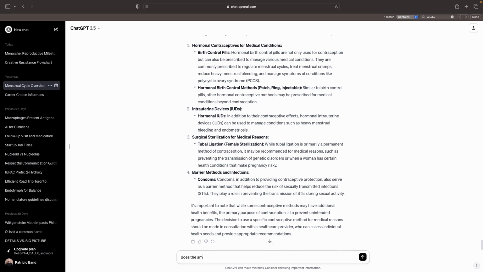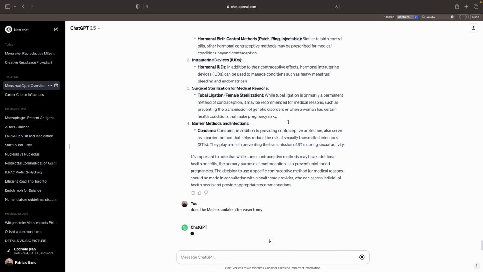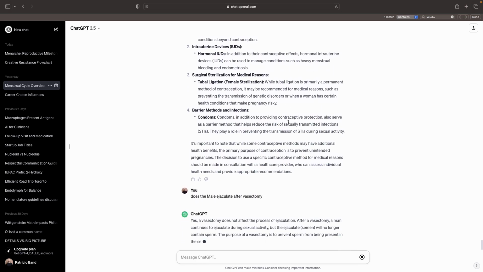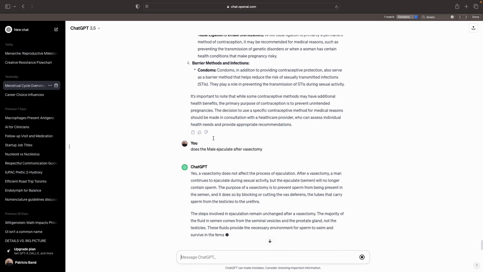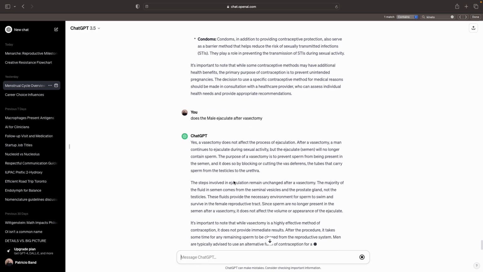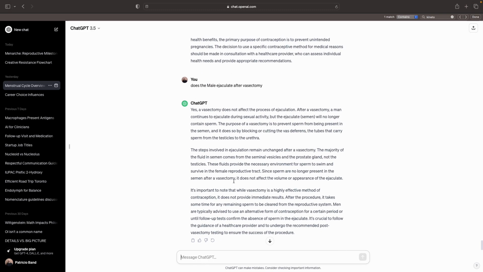There was another question I had, which was: does the male ejaculate after vasectomy? Yes, it does not affect the process. The man continues to ejaculate during sexual activity, but the ejaculate semen will no longer contain sperm.